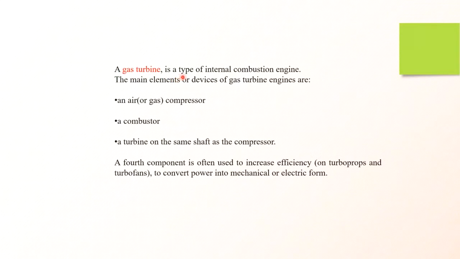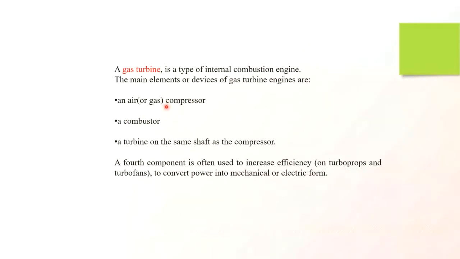So a gas turbine is a type of internal combustion engine. By now you should know what an internal combustion engine is. The main elements or devices of gas turbine engines are first an air compressor or a gas compressor, then a combustor, which is used to burn the air and fuel mixture.